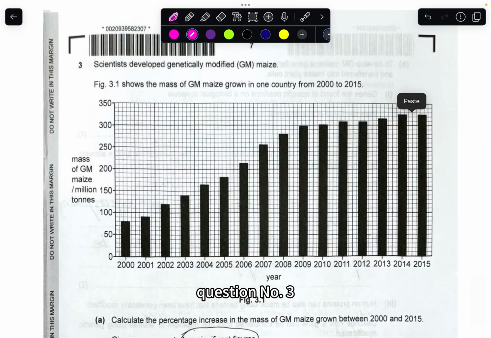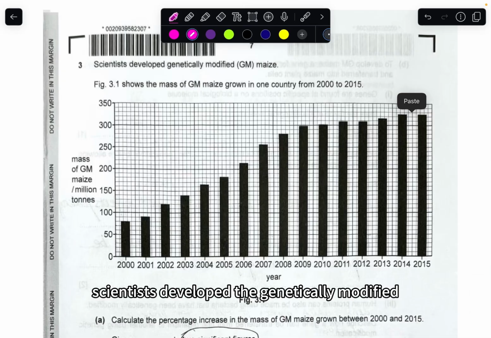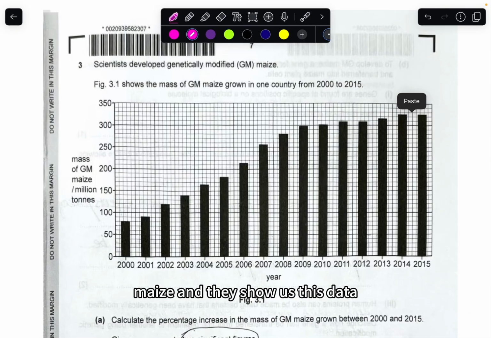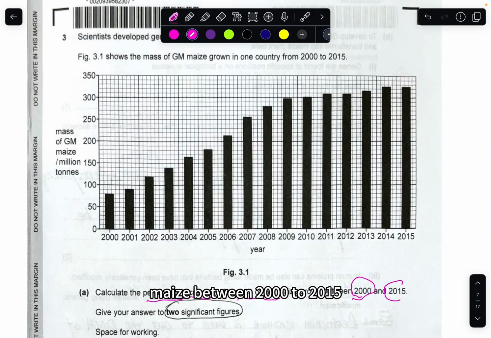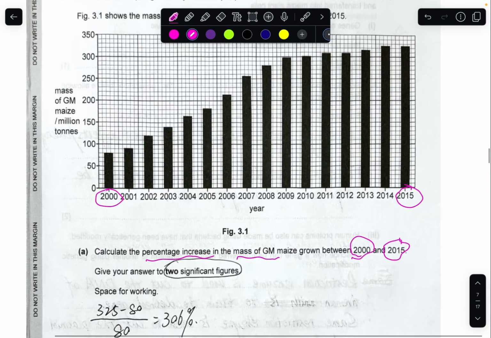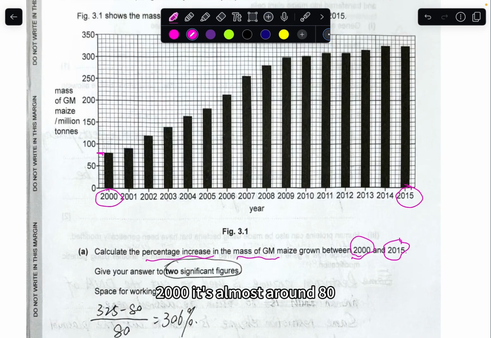Question number 3. Scientists developed genetically modified maize, and they show us this data. Calculate the percentage increase in the mass of GM maize between 2000 and 2015. So here is 2000 and 2015. At 2000, it's almost around 80, and the mass at 2015 is almost 325 or so.